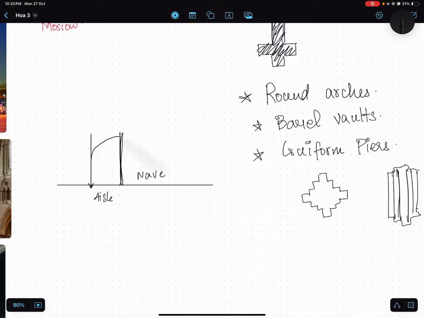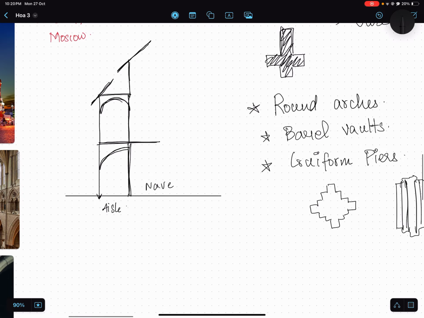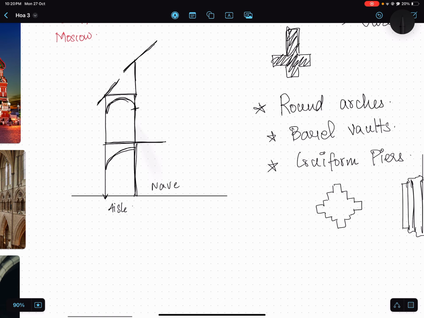They used a half barrel vault, and here it is a full barrel vault. And then again a roof. So this space was used for the light to go through, and the system that they used is clerestory windows.